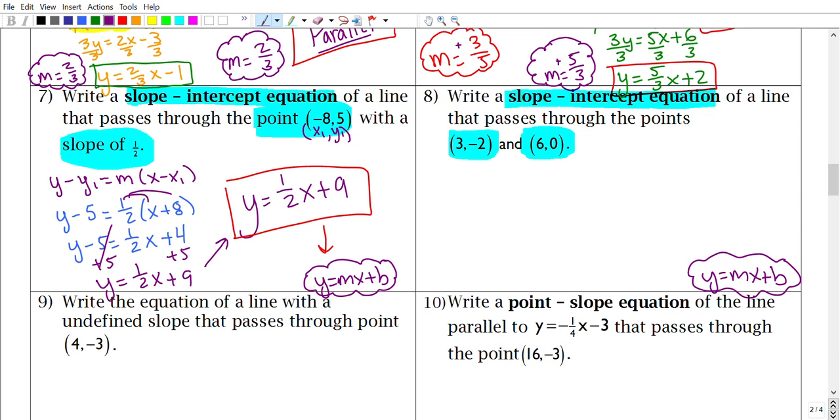But we know that if we are given 2 points, we can go ahead and call these x1, y1, x2, y2, and calculate your slope. So actually, while I go ahead and grab my charger, go ahead and pause the video for a second and try these out.